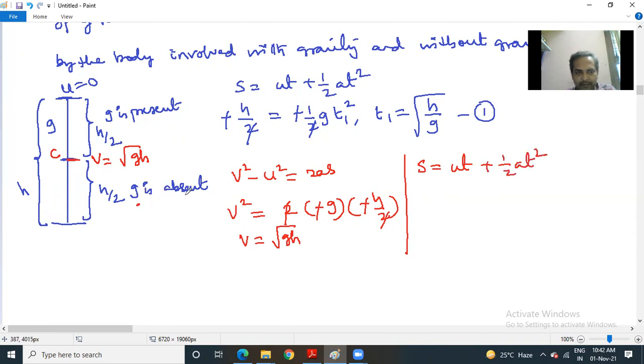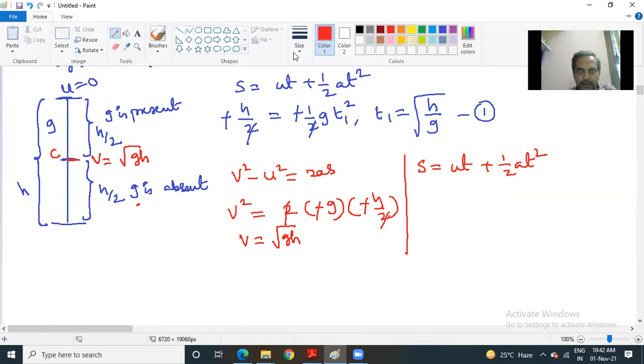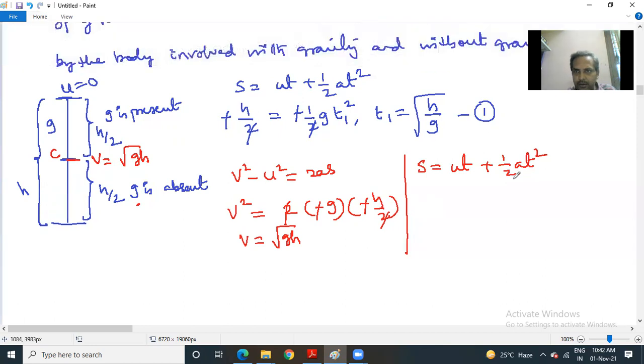There is no gravity, so it travels with uniform velocity, which means acceleration will be 0. The distance it has to travel is h/2, with velocity u equal to root gh, and the time is t2.